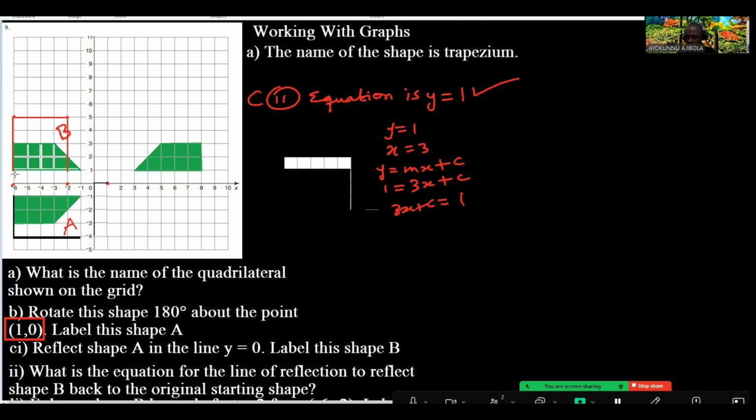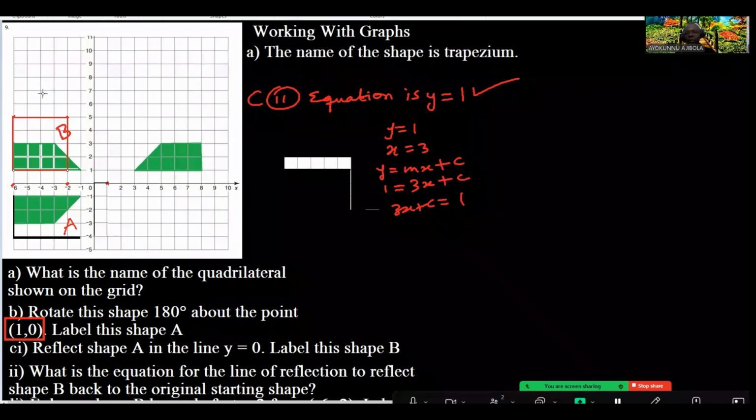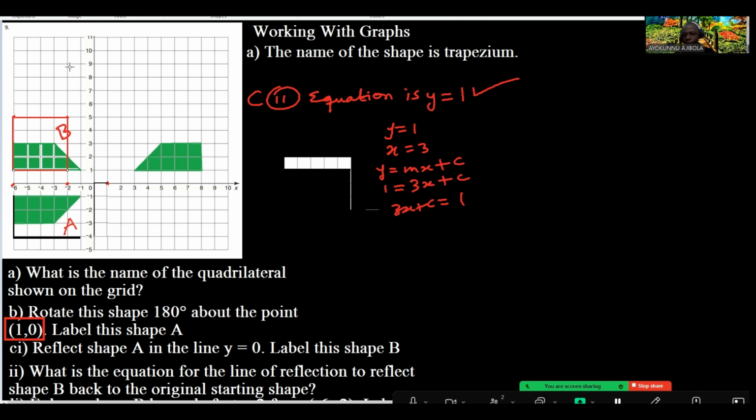So what shape does the red spot form? 1, 2, 3, 4. 1, 2, 3, 4. That's a square, okay? That's shape C. So let me see again.